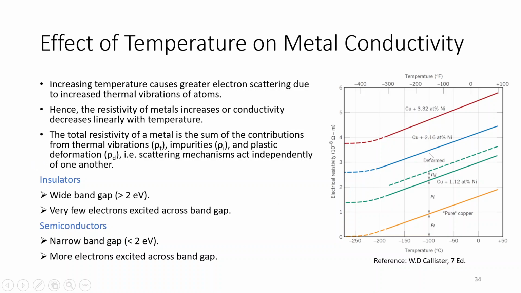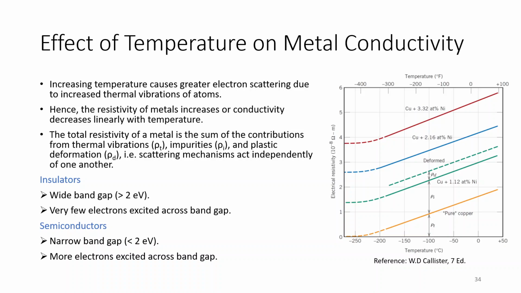So here also you can see, with increasing temperature, your electrical resistivity is increasing. The total resistivity of a metal is the sum of the contribution from thermal vibration, rho T. If your material is pure and there is no deformation or impurity, the increase at any temperature comes only because of the scattering.